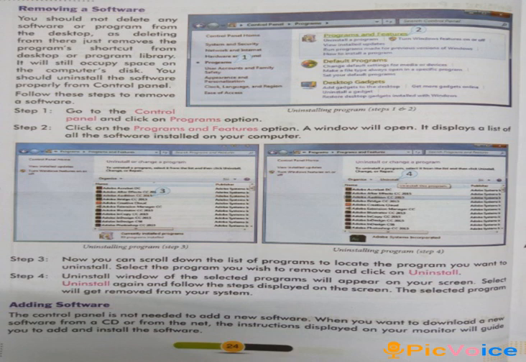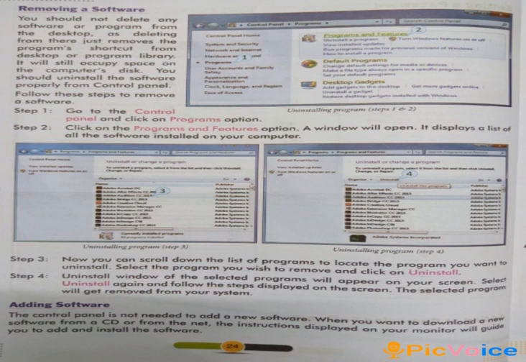Select the program you wish to remove and click on Uninstall. Step 4. Uninstall window of the selected program will appear on your screen. Select Uninstall again and follow the steps displayed on the screen. The selected program will get removed from your system.